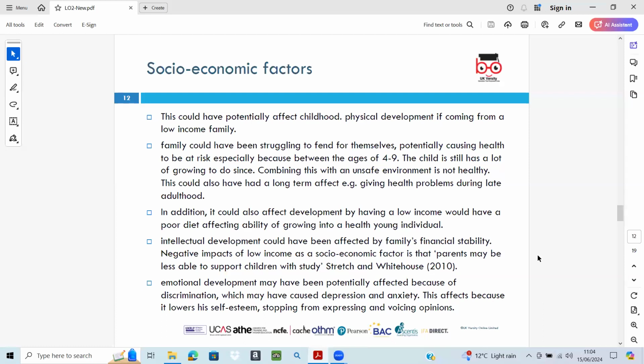Right. So then we have the impact of financial stability on intellectual development.